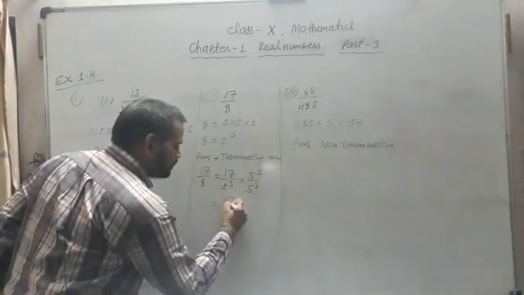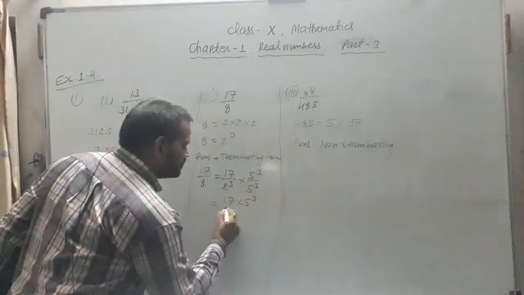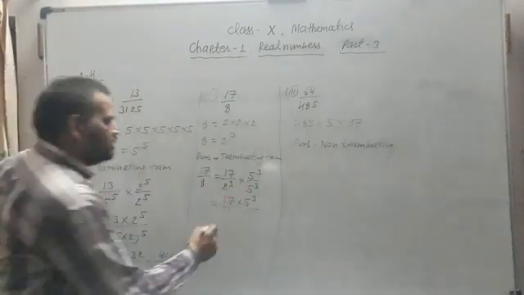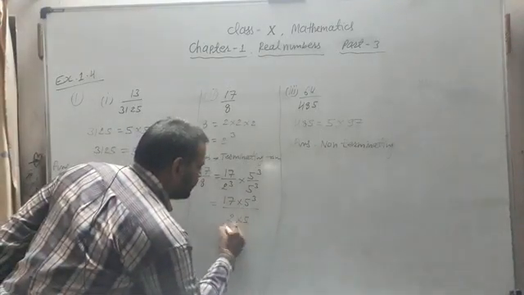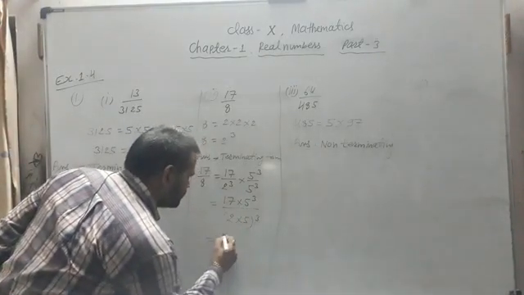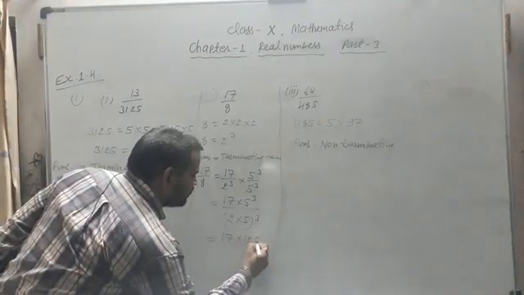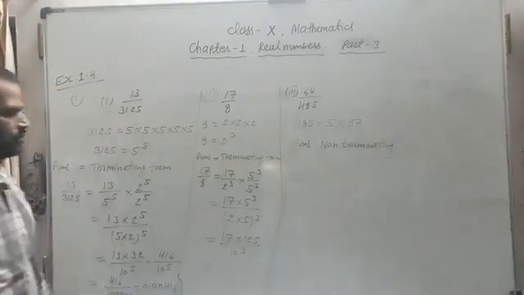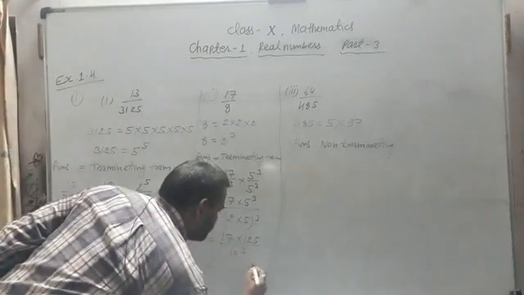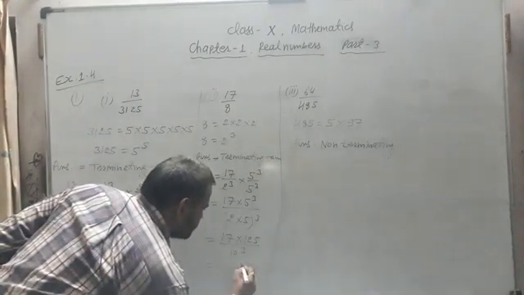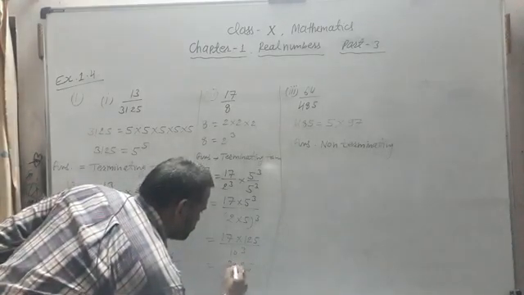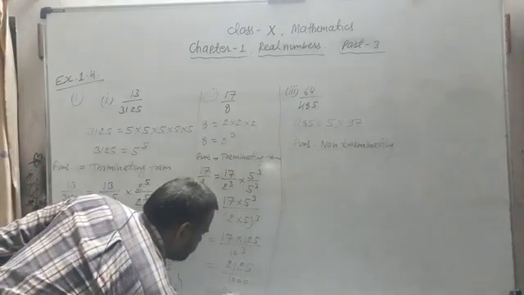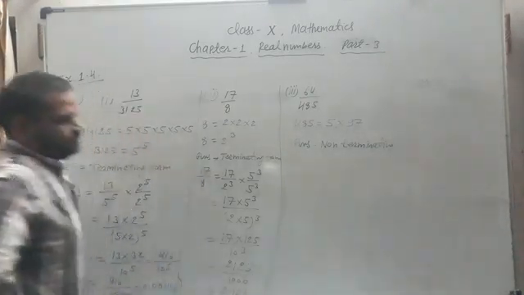17 into 5 to the power 3 upon 2 power 3 into 5 power 3, that is 17 into 125 upon 10 to the power 3. 17 into 125 is 2125 upon 1000, which is 2.125.